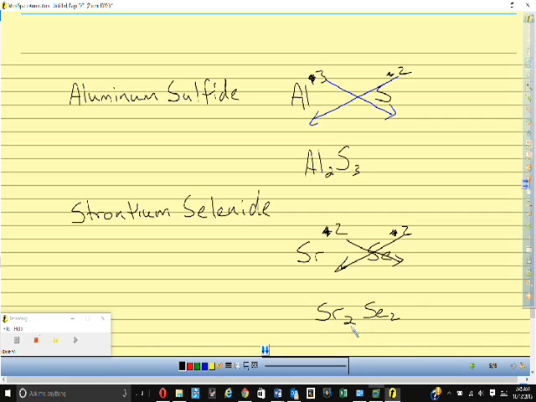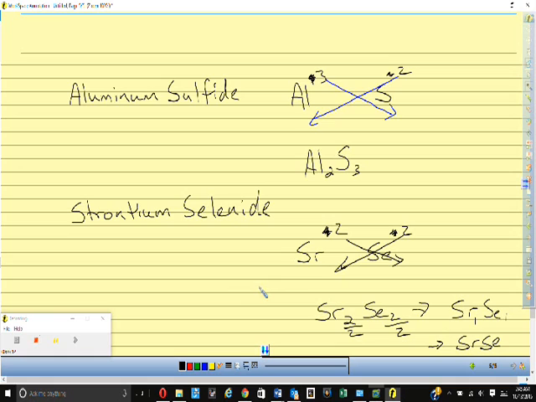When you look at your subscripts, anytime that both subscripts are divisible by the same number, you must reduce them with ionic nomenclature. So both of these are divisible by 2, so you end up with Sr1Se1, which would be written SrSe.